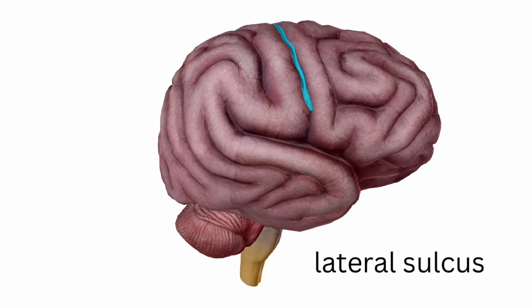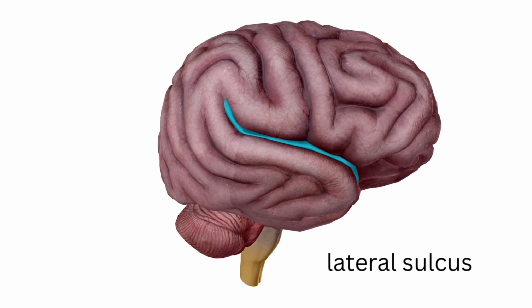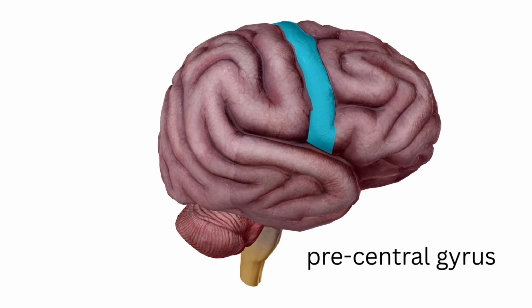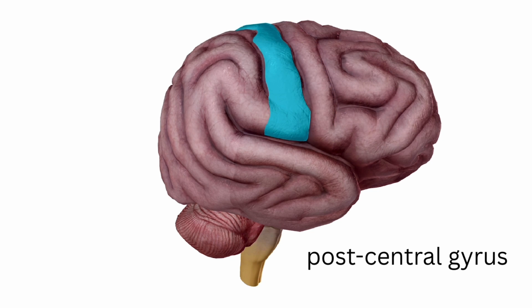The lateral sulcus marks the superior border of the temporal lobe. On the frontal lobe is the precentral gyrus, and on the parietal lobe is the postcentral gyrus.